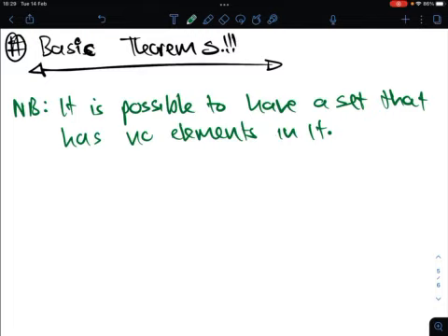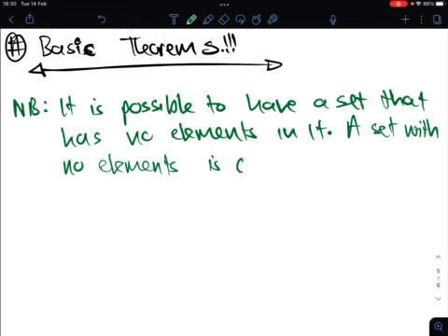A set which has nothing in it has a special name that we use to call it. A set with no elements is called an empty set.